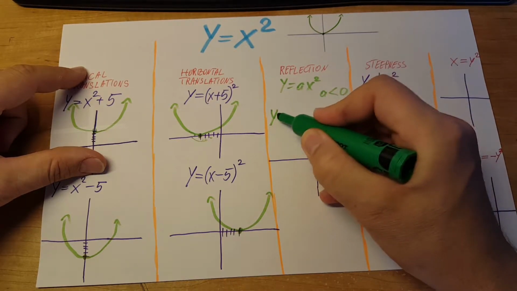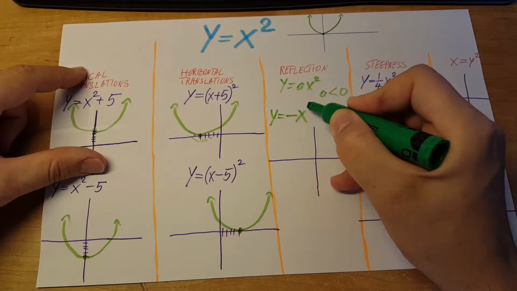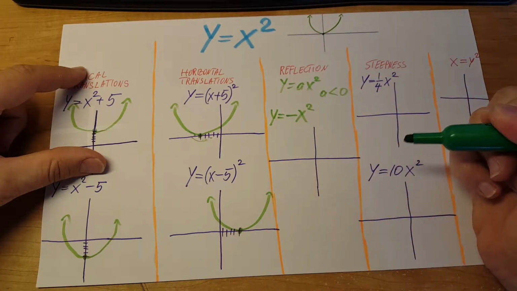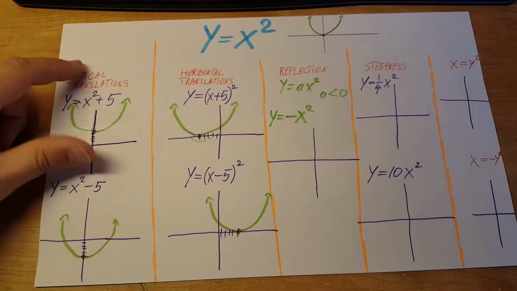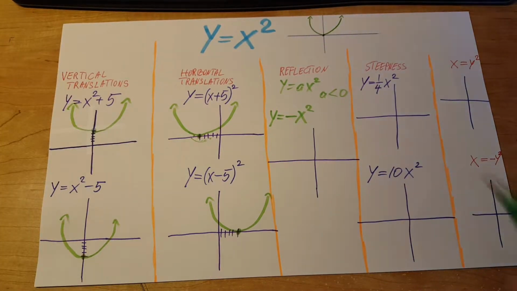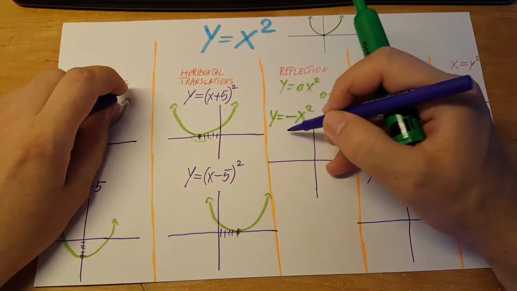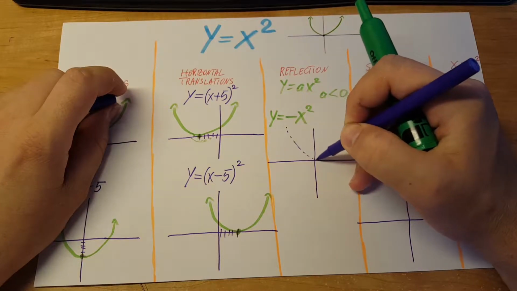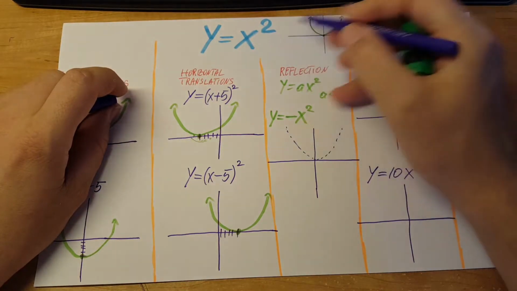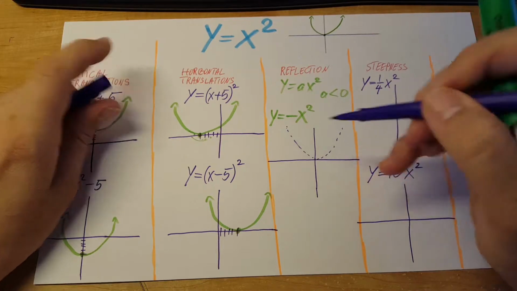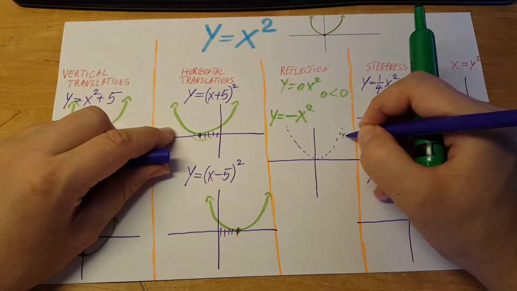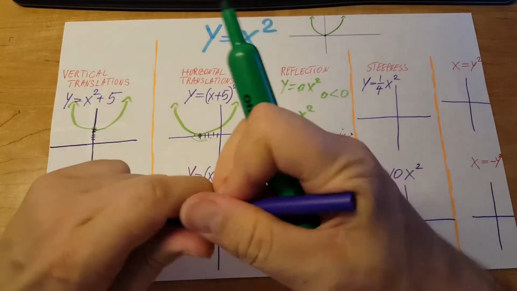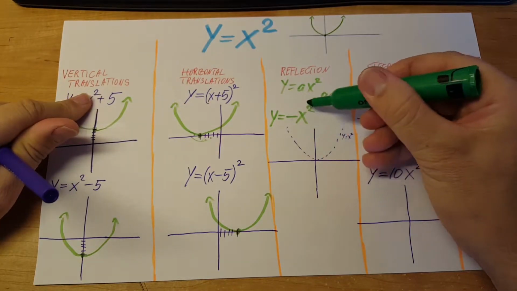So if y equals negative x squared, then our original y equals x squared was over here, right? Just like we saw it here. This was the y equals x squared, but now we have a negative x squared.